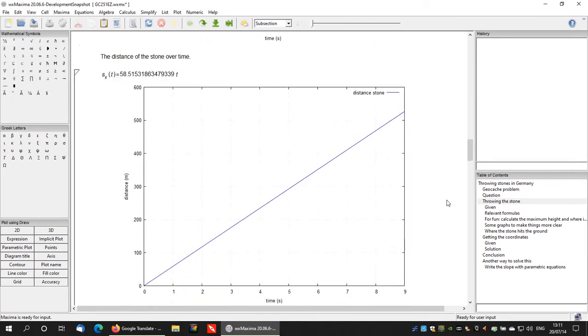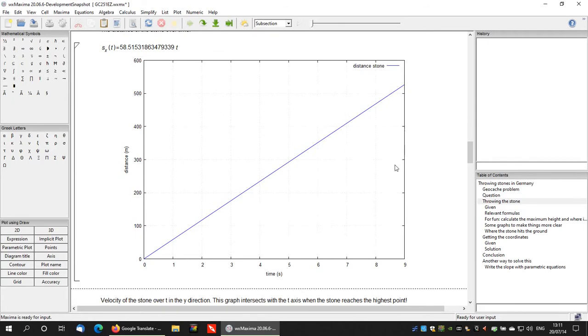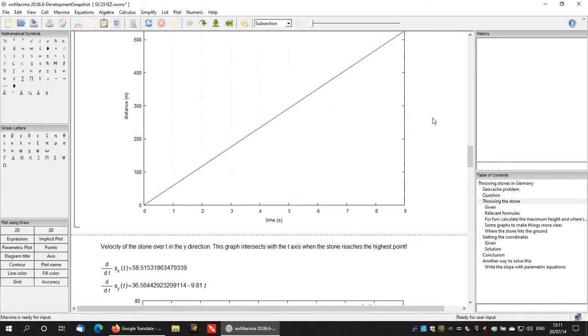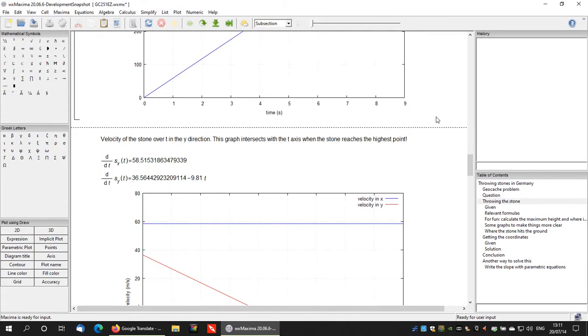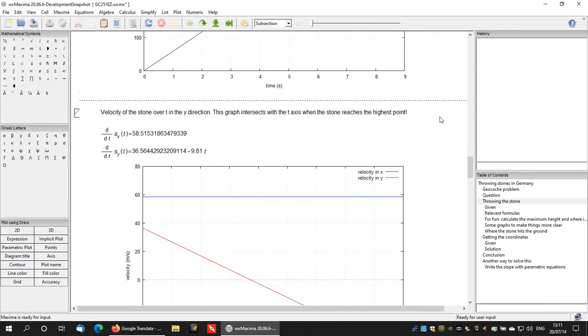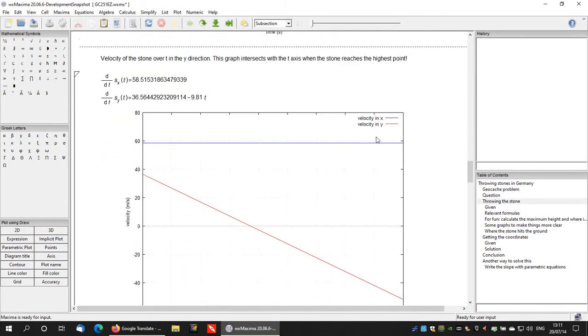Distance of the stone over time is just Sx of t, and that's 58.5 times t. That's obviously just a straight line, which after 8 seconds ends at about, well, 470 meters. Velocity of the stone over t in the y direction goes down.